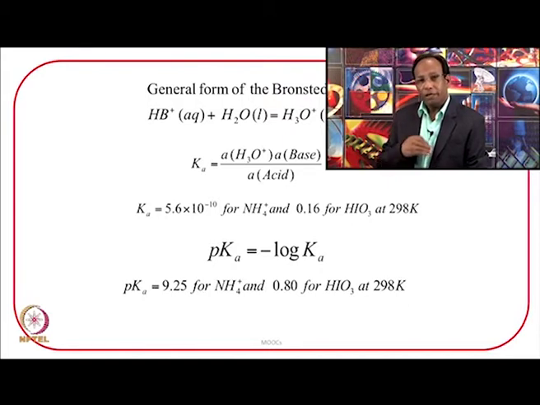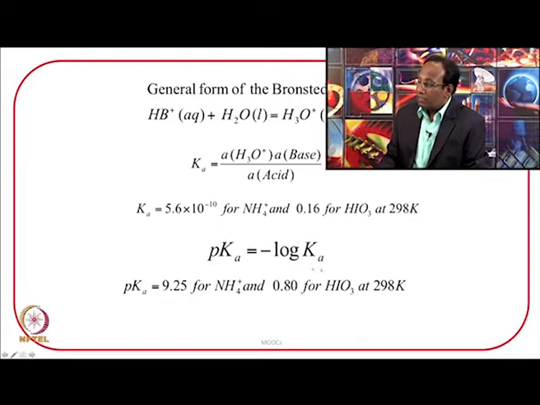Its ability to donate protons to another molecule is not very high. You see here pKa for HIO3 is very small compared to the pKa for NH4 plus, and that is why the Ka value for HIO3 is very high when you compare it with the Ka value for ammonium ion.